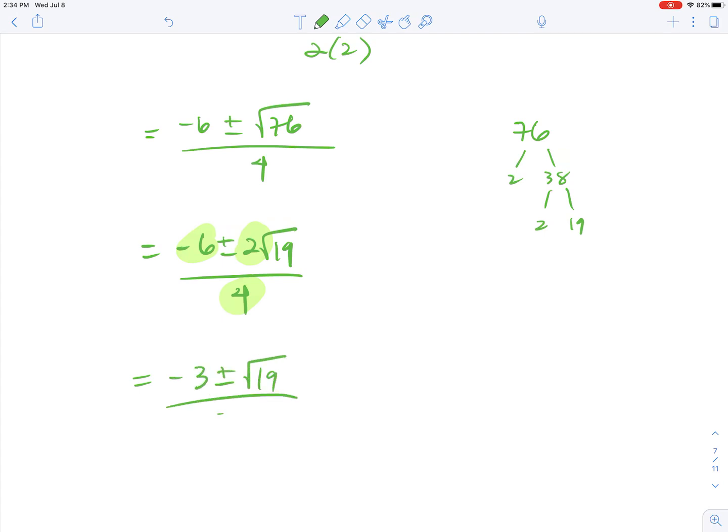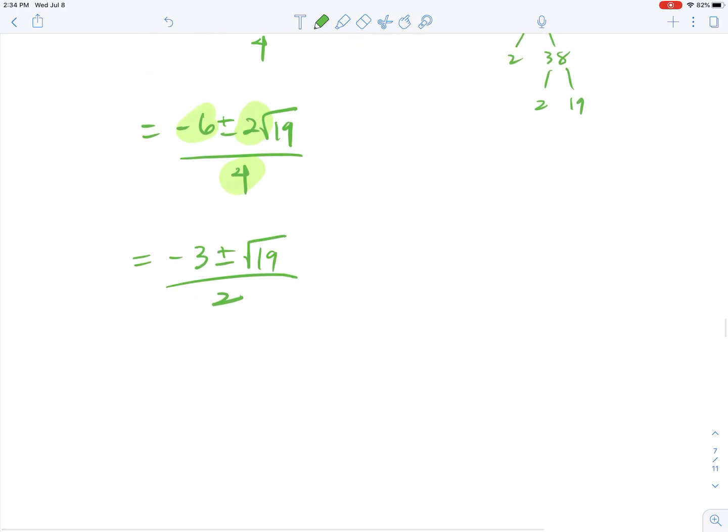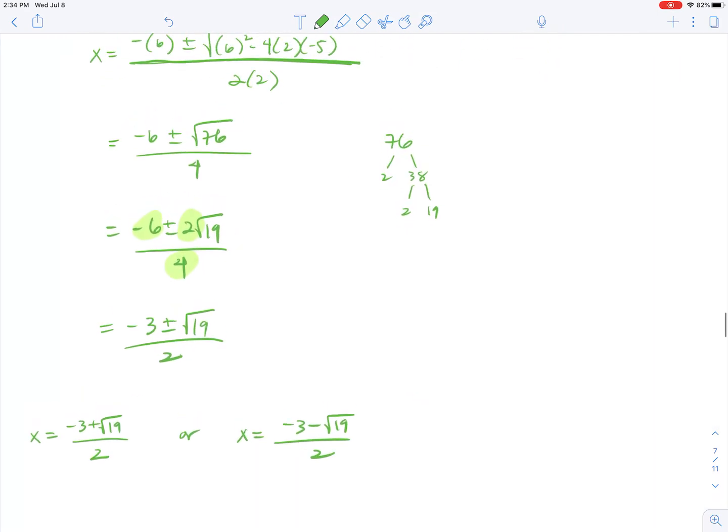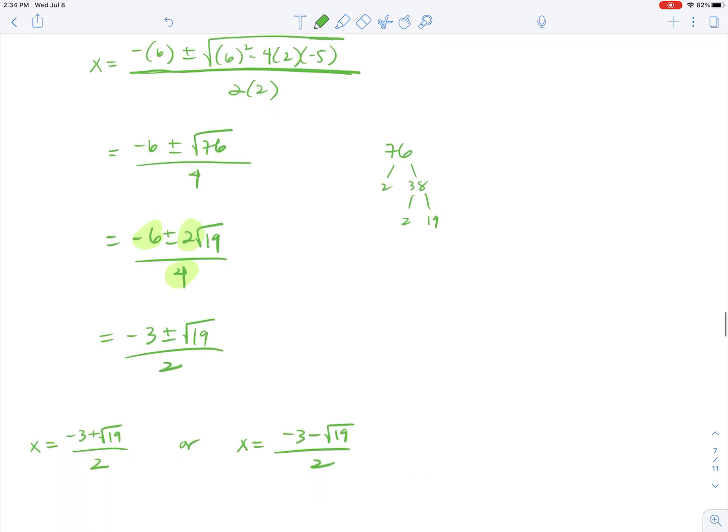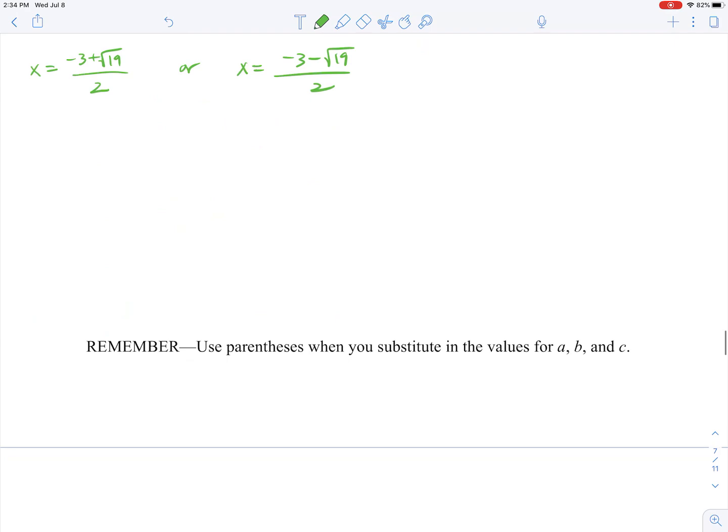And then I can think about factoring a 2 out of the numerator. That will cancel with a 2 in the denominator here. And then if I were to separate those solutions, there we go.